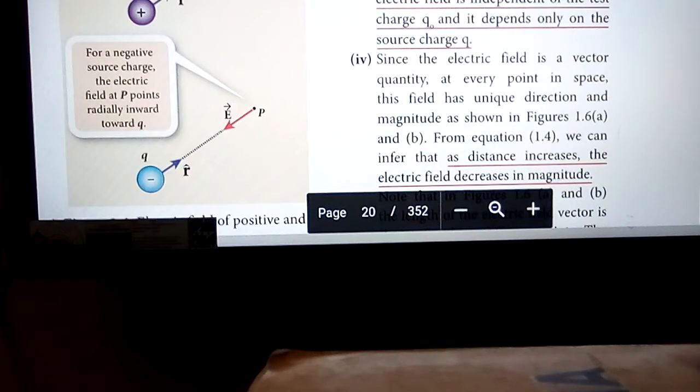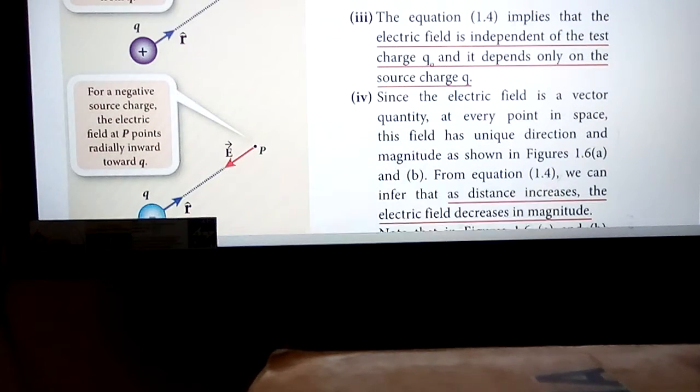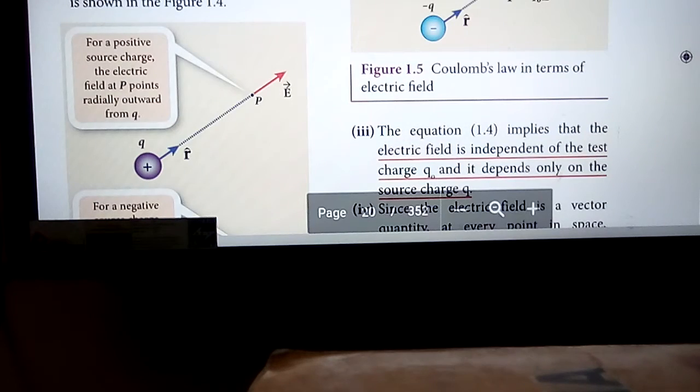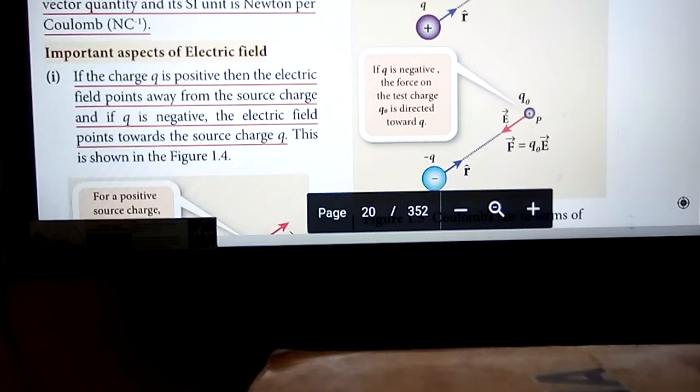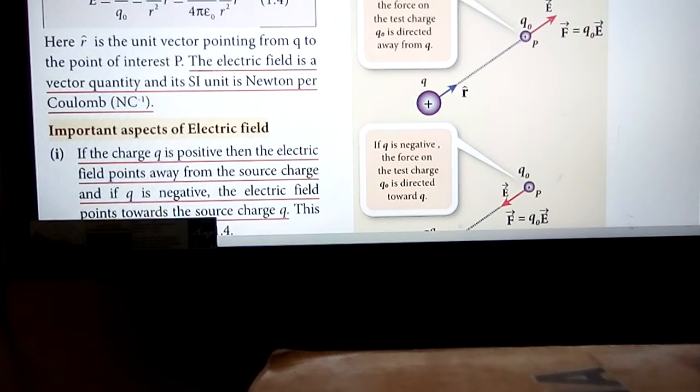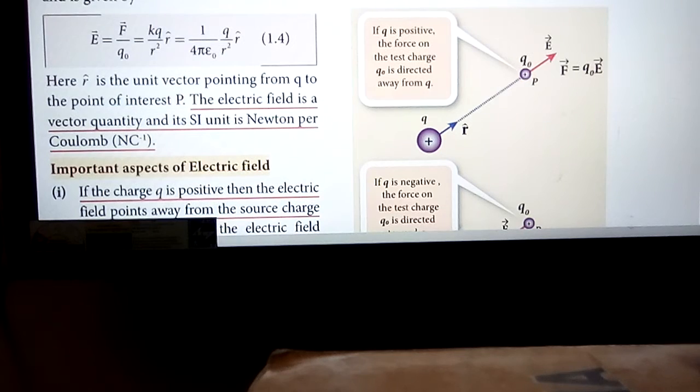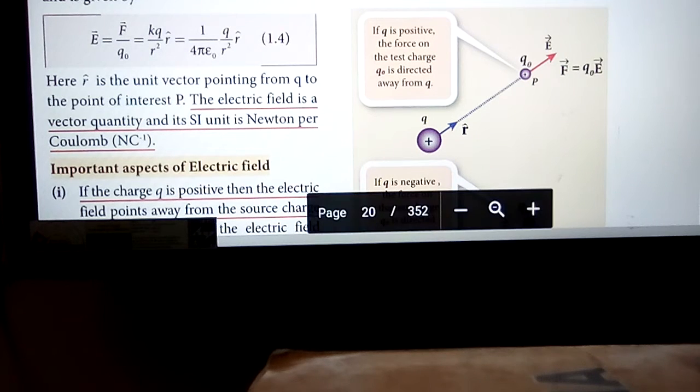So here you see that the electrostatic force is given by Coulomb's law, and if you want to calculate the electric field at the point P, you have to consider that the point P is at a distance r from the point charge, and what is the force experienced by that unit charge, that is given by E equal to F by Q0.